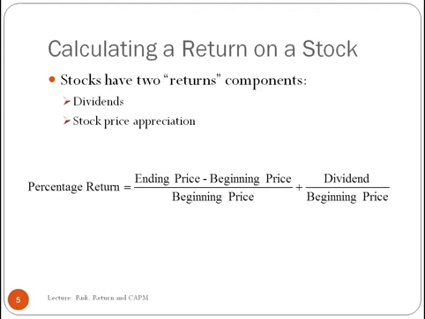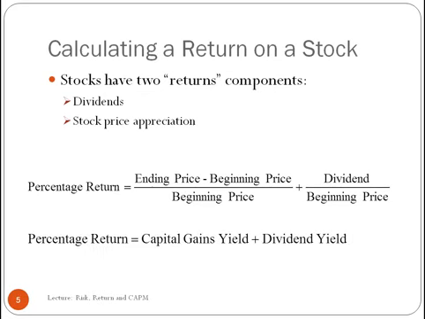And we can express this in an equation as follows. The percentage return is equal to the ending price of the stock minus the beginning price, divided by the beginning price, plus the dividend divided by the beginning price. The first term deals with the stock price appreciation, and the second term deals with the dividend.